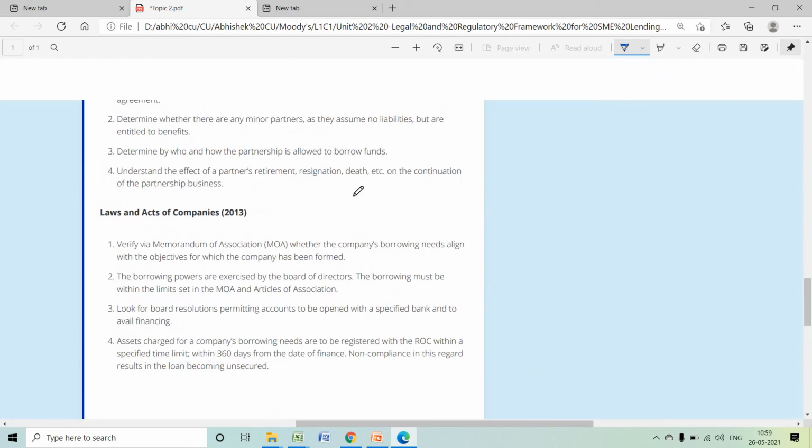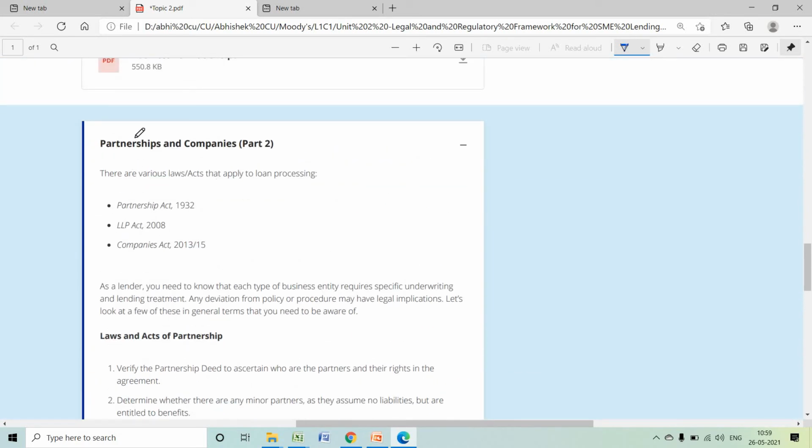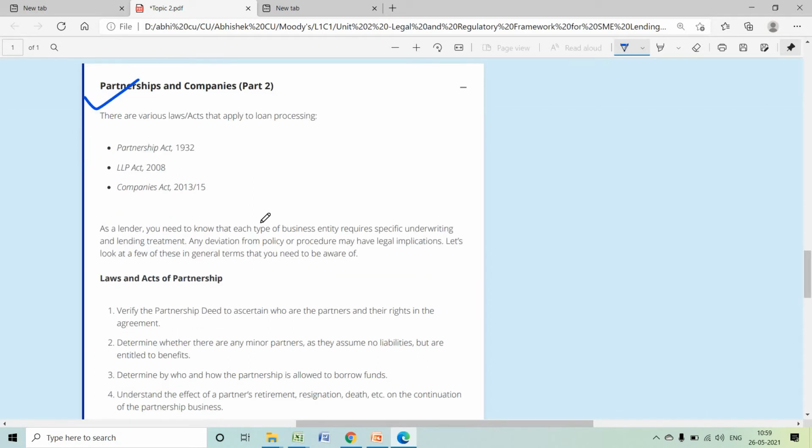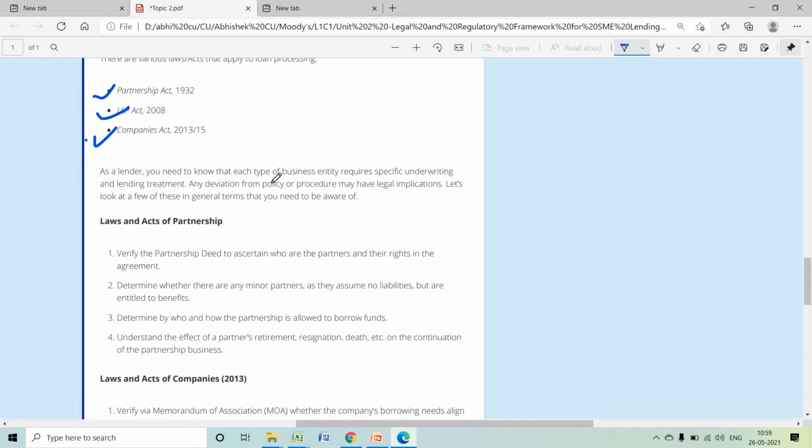Let us just go through these things as well. So partnership and companies. There are various laws and acts that apply to the loan processing: Partnership Act of 1932, Limited Liability Partnership, LLP Act of 2008, and Companies Act of 2013 and 15. As a lender, you need to know that each type of business entity requires specific underwriting and lending treatment.